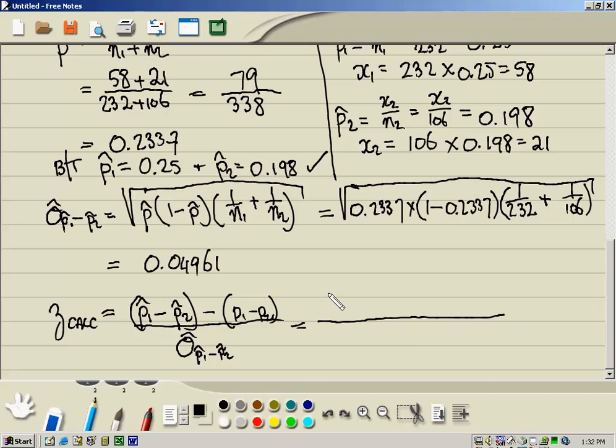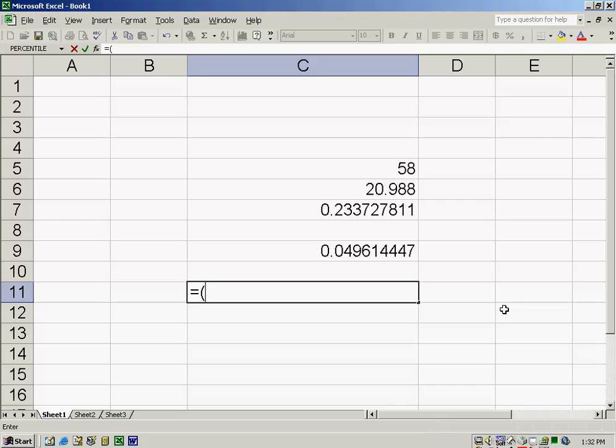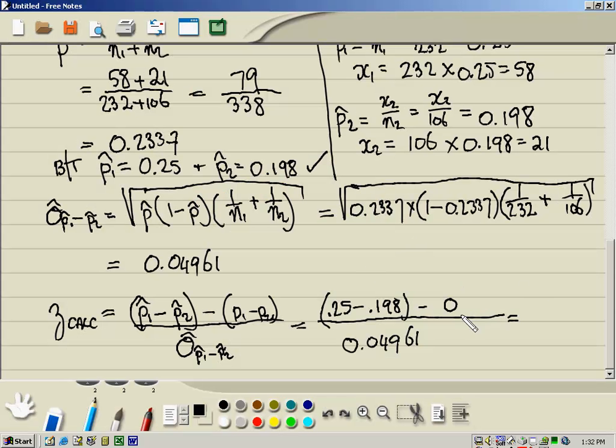Alright, so the sample difference was the 25% minus the 19.8%, so 0.25 minus 0.198, minus the hypothesized difference, 0, divided by the standard deviation, 0.04961, and the answer to that, go to Excel again, so parentheses 0.25 minus 0.198 divided by the standard deviation, and that's 1.048.